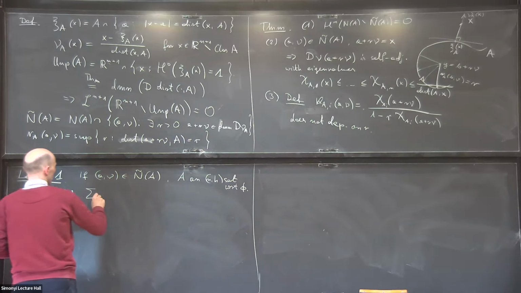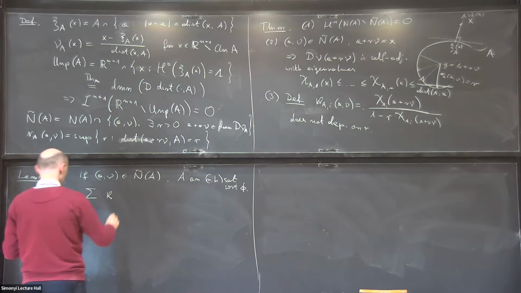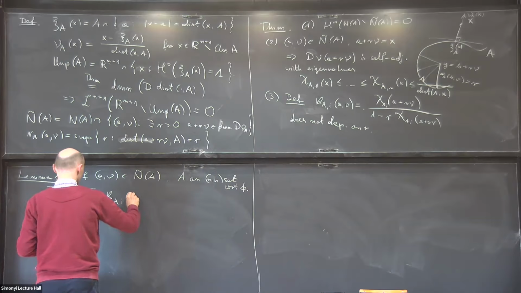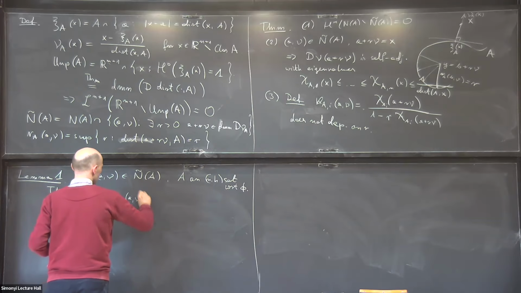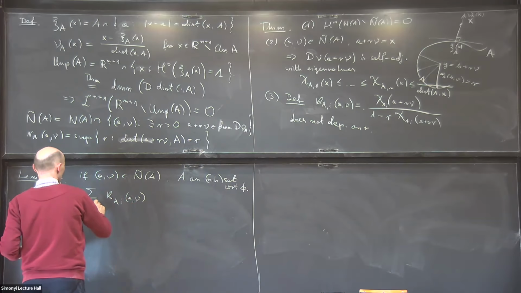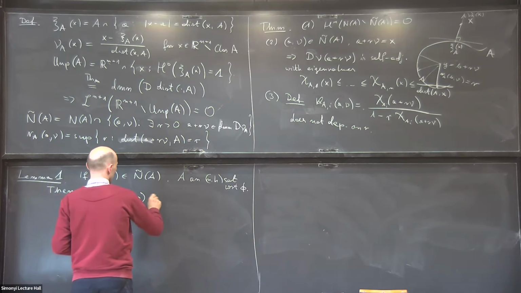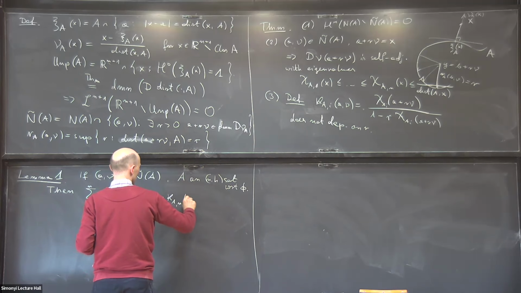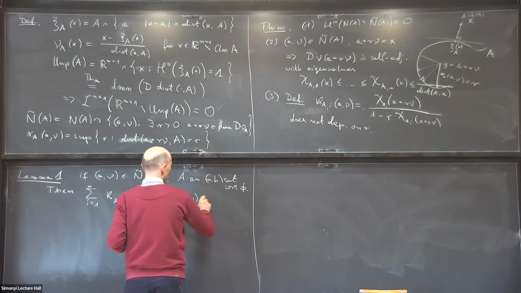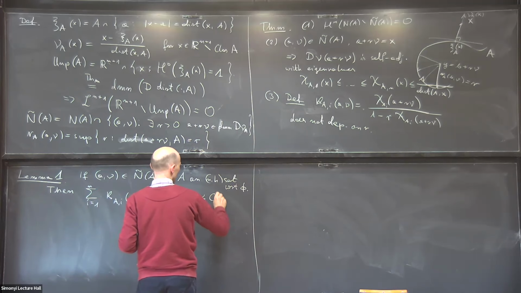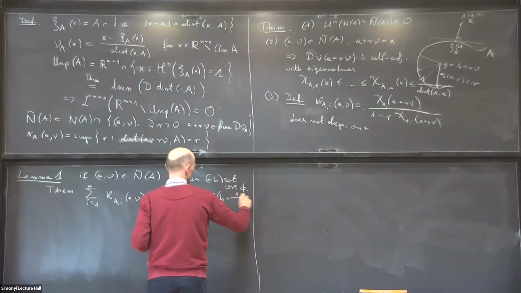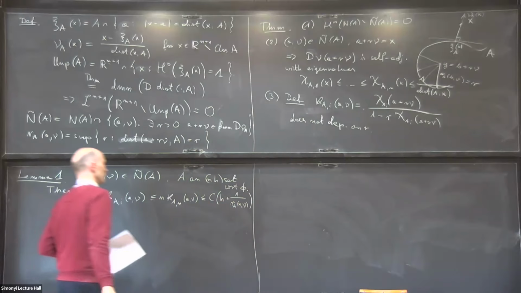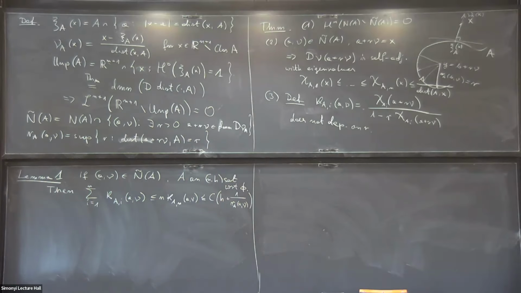Then you have this bound on the principal curvatures: the sum of all of them, 1 to n, is at most, with the biggest one, some constant h plus 1 over the Ricci function. So this is the first lemma.